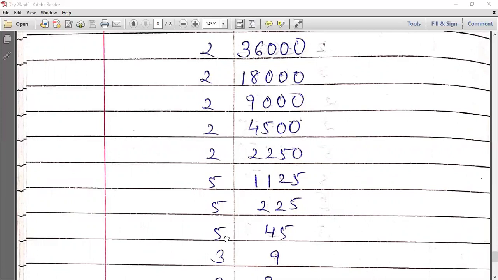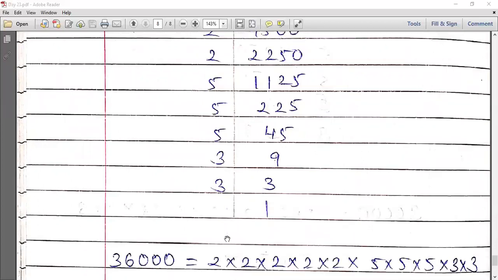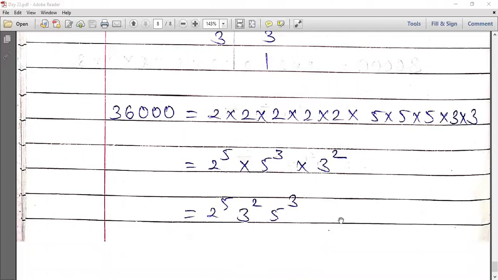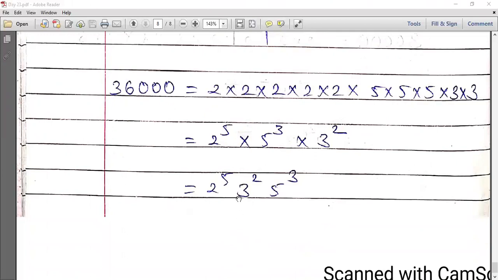This is how I have found the HCF of 36,000. When I have written 36,000 in the form of product of its prime factors, you can see 2 is repeated 5 times. So 2 raised to 5 multiplied by 5 is repeated 3 times, 5 raised to 3. 3 is repeated 2 times, 3 raised to 2. I have rearranged them. 2 raised to 5, then 3 raised to 2 and 5 raised to 3.